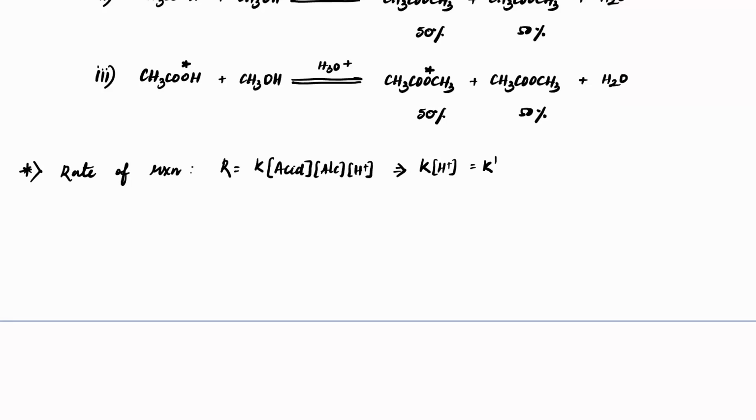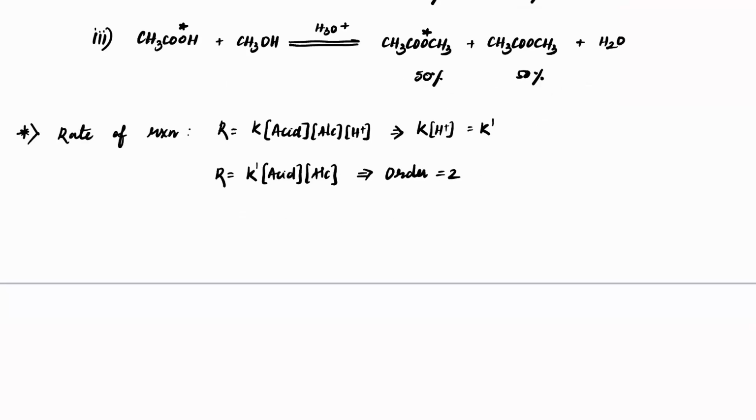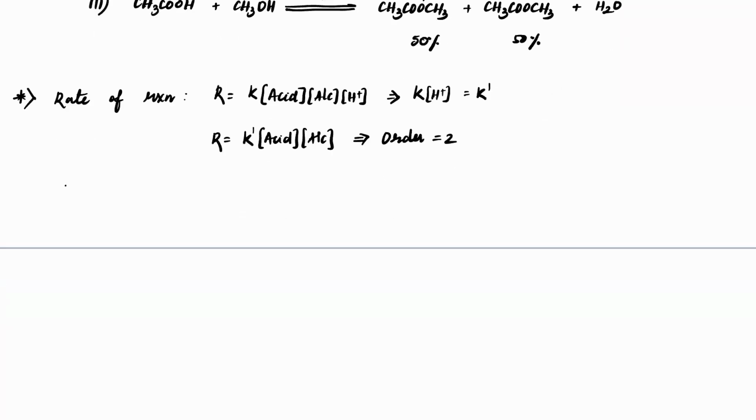Hence, rate can now be written as some K dash into acid concentration into alcohol concentration. That implies order of the reaction is 2. Got it? Which means if H plus concentration is increased, rate of esterification increases.